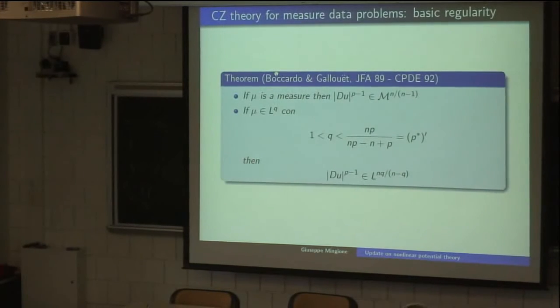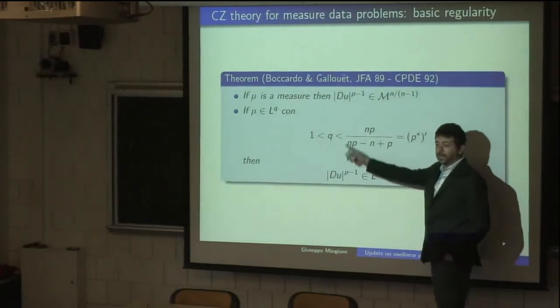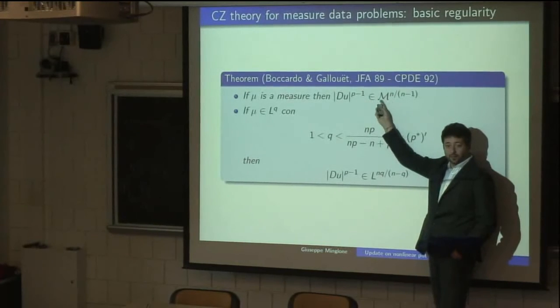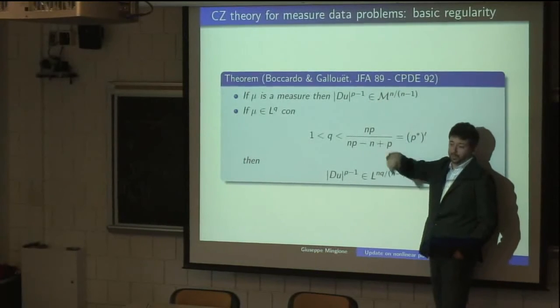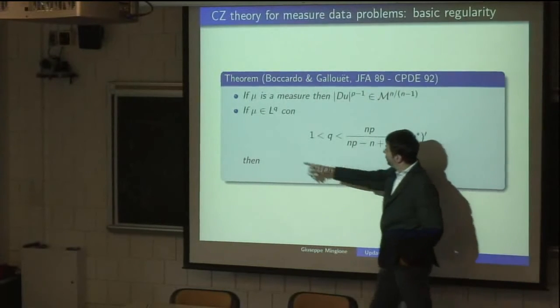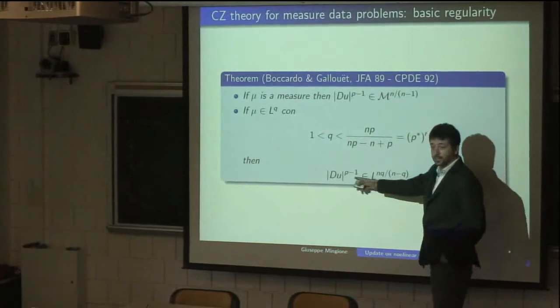Okay, the basic Calderon-Zygmund theory has been fixed by Boccardo and Gallouët. They prove exactly that every solution is in the space within the boundaries fixed by the Green's function. And then when q is larger than 1, then you get this.